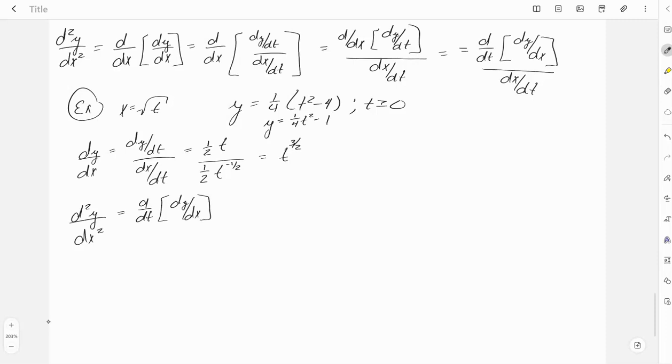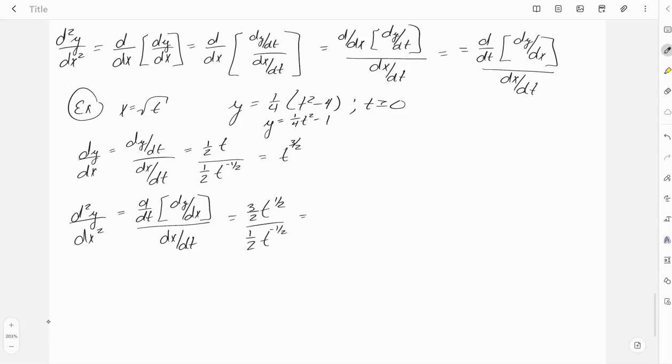So I'm taking the derivative of this with respect to t is what that's saying. And then over the dx over dt. So if I take the derivative of this with respect to t, I would bring that exponent down, subtract 1 from the exponent. The derivative of x would be this. It is not the second derivative of x, it is the first derivative of x. So it's going to be 1/2 t to the negative 1/2.